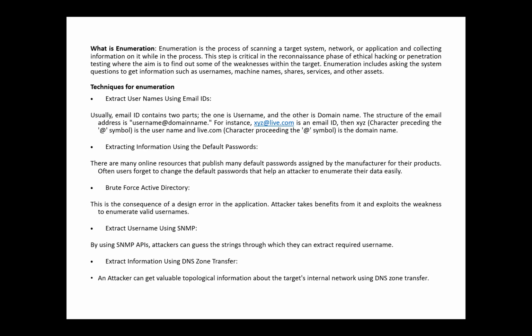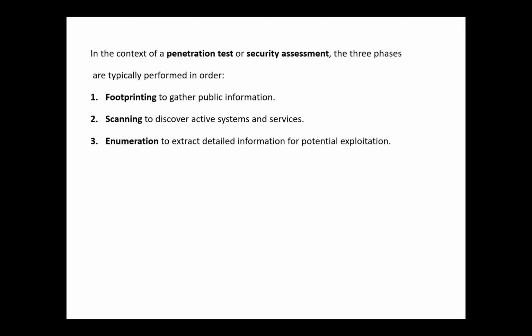Now, in the context of a penetration test and security assessment, there are three phases. Footprinting, where we are gathering public information, active and passive. Active is where we have to communicate directly with the target, and passive is where we don't need to communicate with the target directly. We discussed that yesterday.